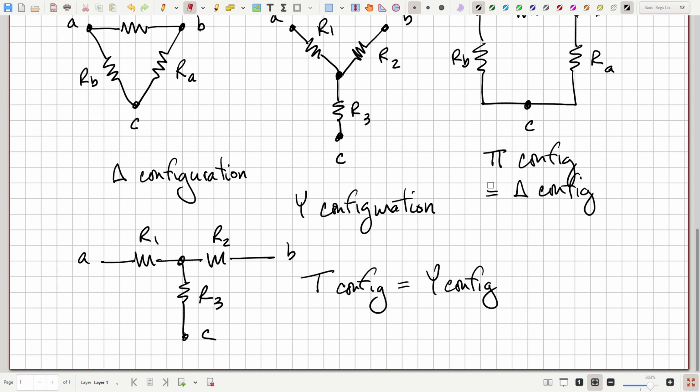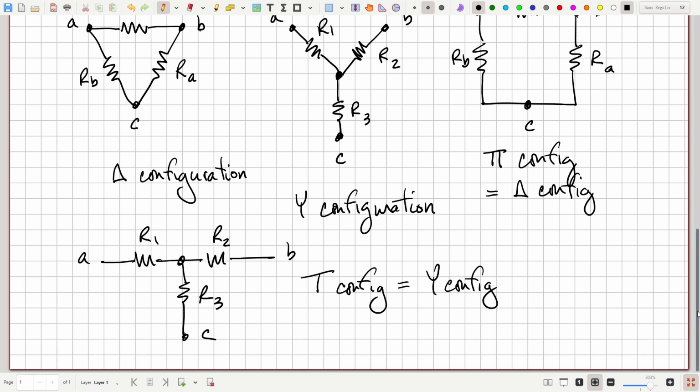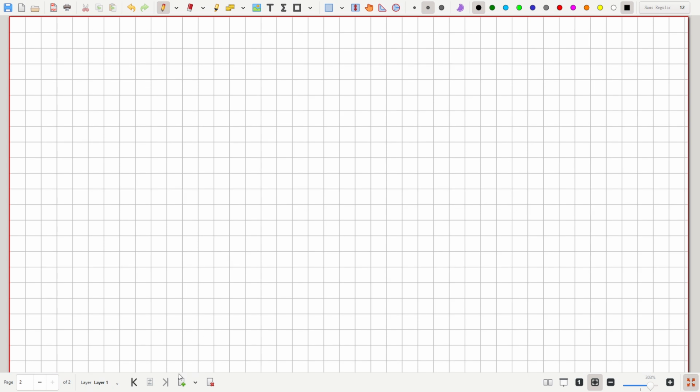All right. So how do we go about doing this transformation? Well, we want these two circuits to be equivalent with respect to the three terminals A, B, and C. So what does that involve? Let's redraw these circuits on top of each other in different colors here.